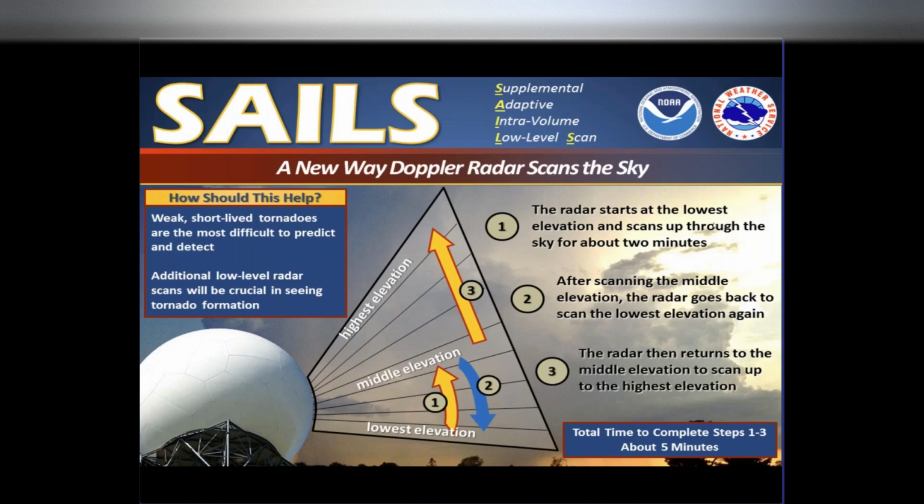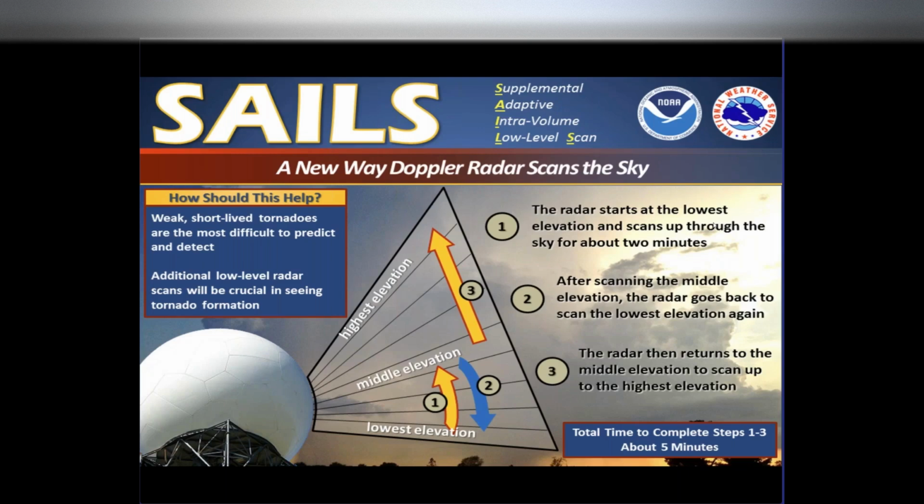So SAILS stands for Supplemental Adaptive Intra-Volume Low-Level Scan. And basically what it means is that the radar starts the lowest elevation, half degree for us here at Pleasant Hill, scans up through the sky for about 2 minutes, and then after scanning the middle elevation, the radar will go back down again and give us another low-level scan. And then it'll return back to where it was in the middle elevation to finish the rest of its volume scan.